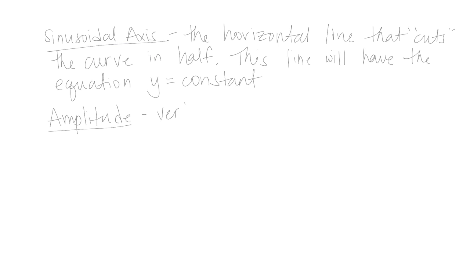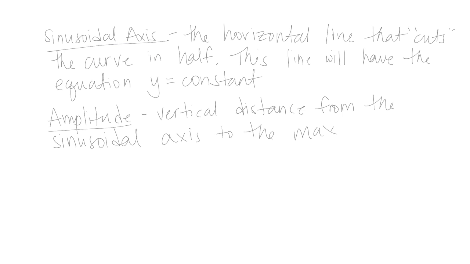Okay, then we have amplitude. Amplitude is the vertical distance from the sinusoidal axis to the maximum point on the curve. Okay, so as long as you pick out your sinusoidal axis first, you can find the distance between that and the maximum point. Then you have your period.